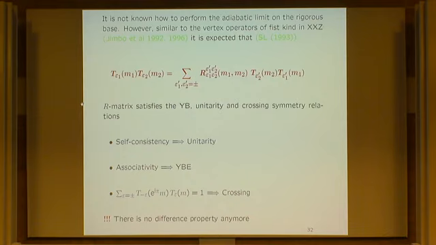What is important is that this matrix should satisfy certain conditions: for self-consistency, it requires unitarity, associativity, and Yang-Baxter relations, and crossing. Crossing appears from an additional bilinear relation for the J operators. There is no reason to expect that this matrix has different properties, because now it depends on two-dimensional variables.